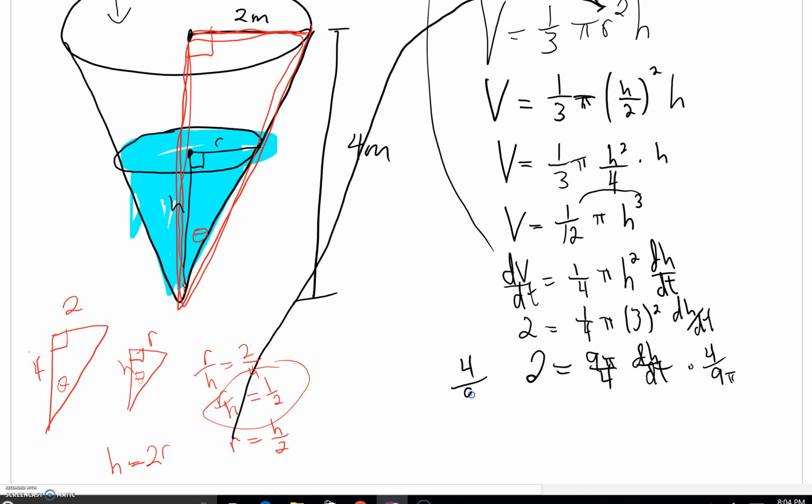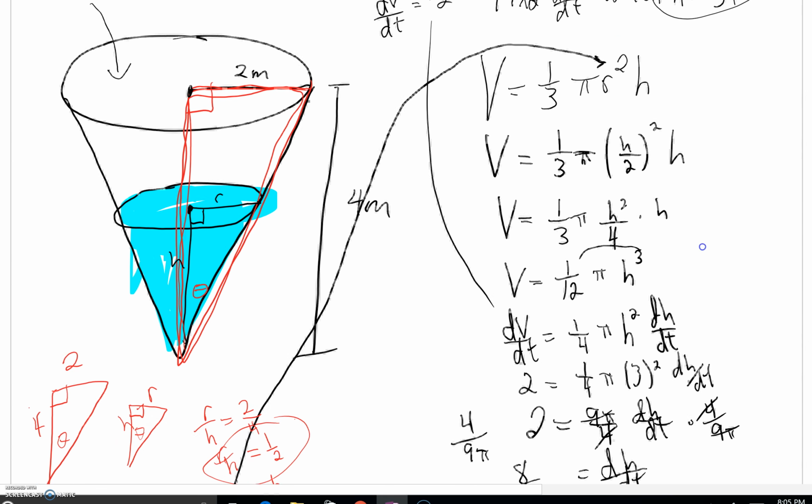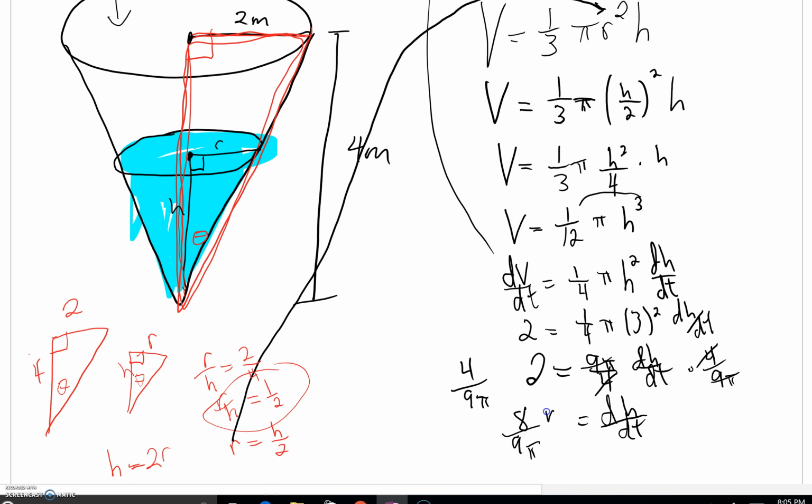Multiply by 4 over 9 pi. You can see the 4's would cancel out, the 9 pi's would cancel out. dH dt will equal 8 all over 9 pi. Our units were in meters, and it's meters per minute. That is the rate of change for the height, which is the water depth.